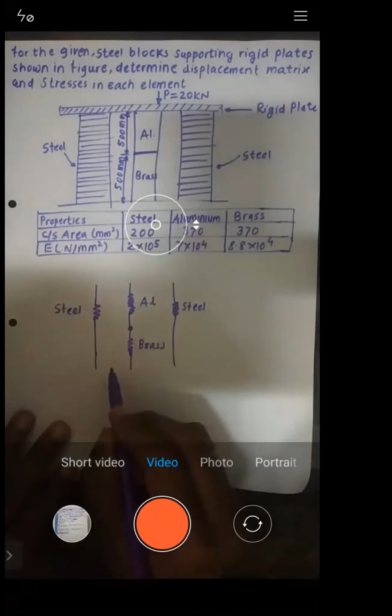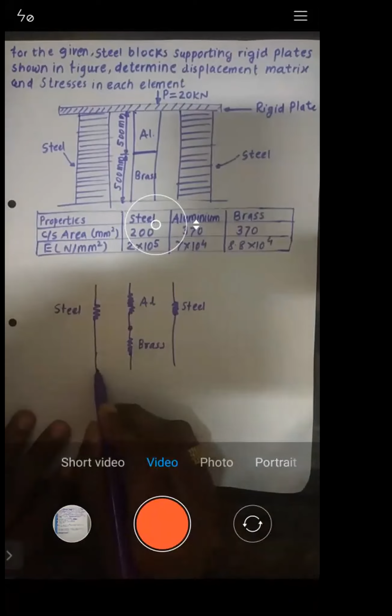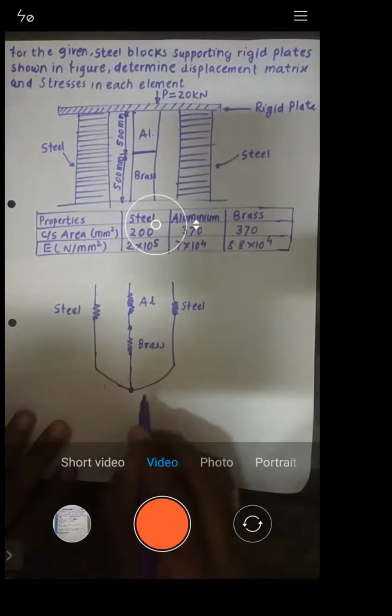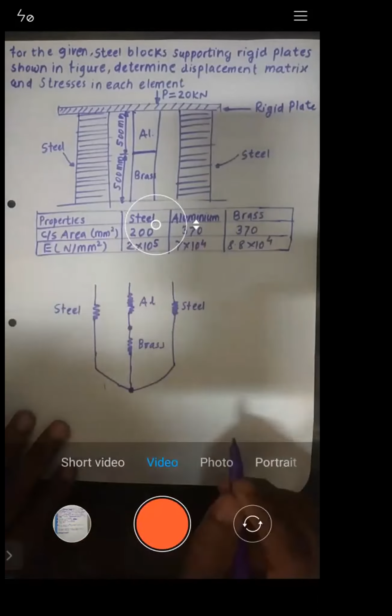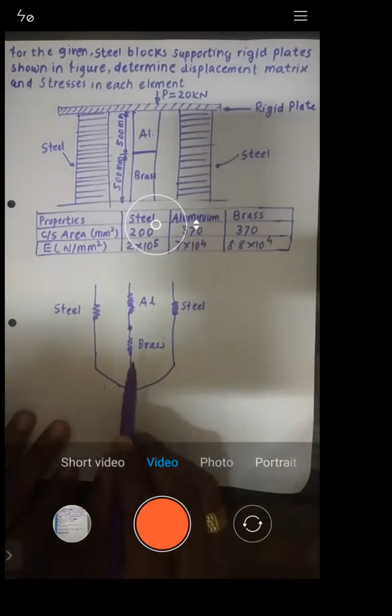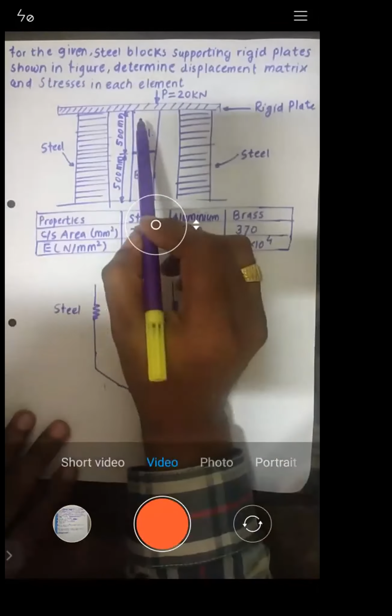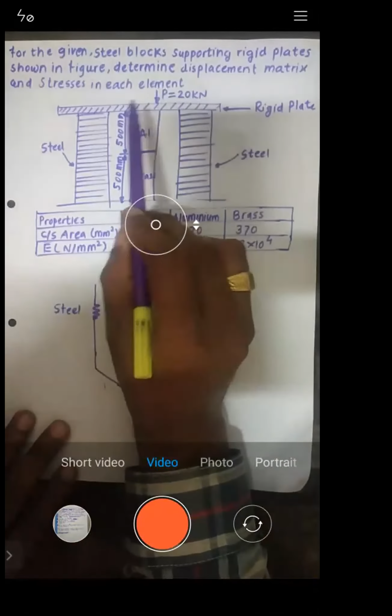That means I can connect all these three, and when you connect these elements, it becomes a node. Are you able to get this point or not? When you connect these three, it becomes what? A node, right?